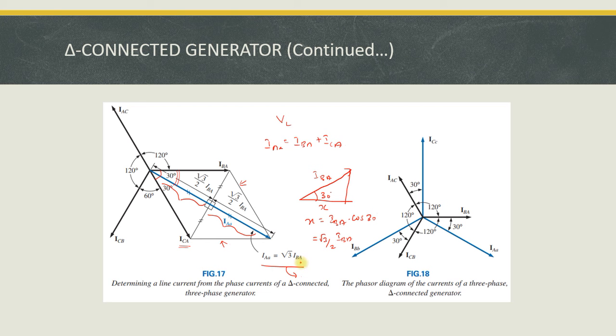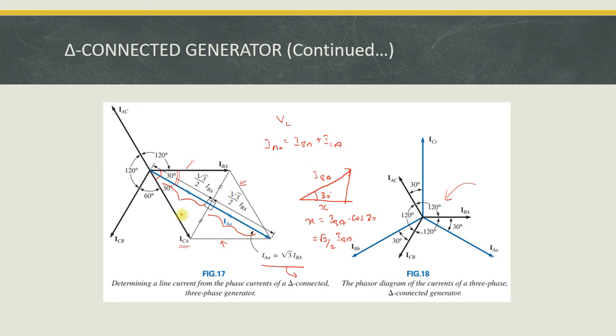Got it? And one more conclusion here. Consider this is the phase current and this is the line current. The angle between these two currents is 30 degrees. So the phase currents and line currents are drawn in phasor form.